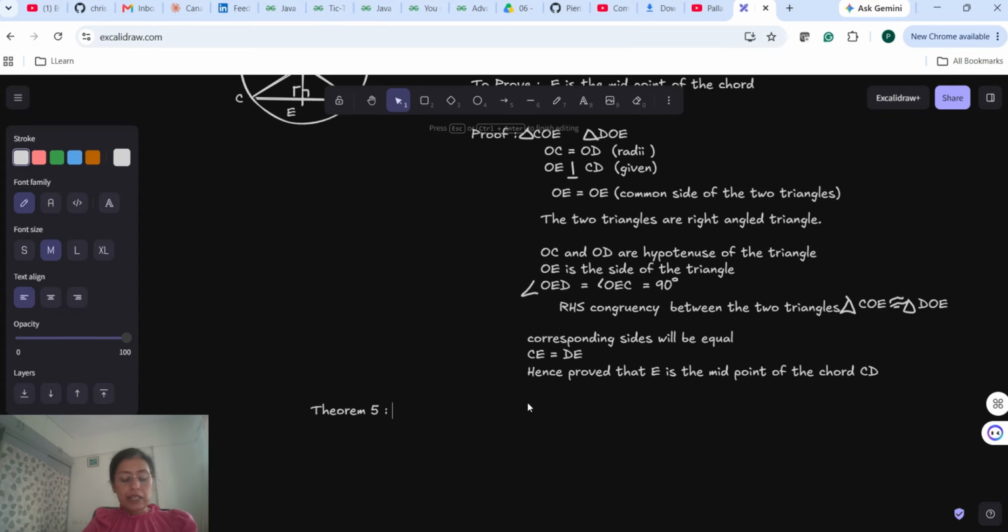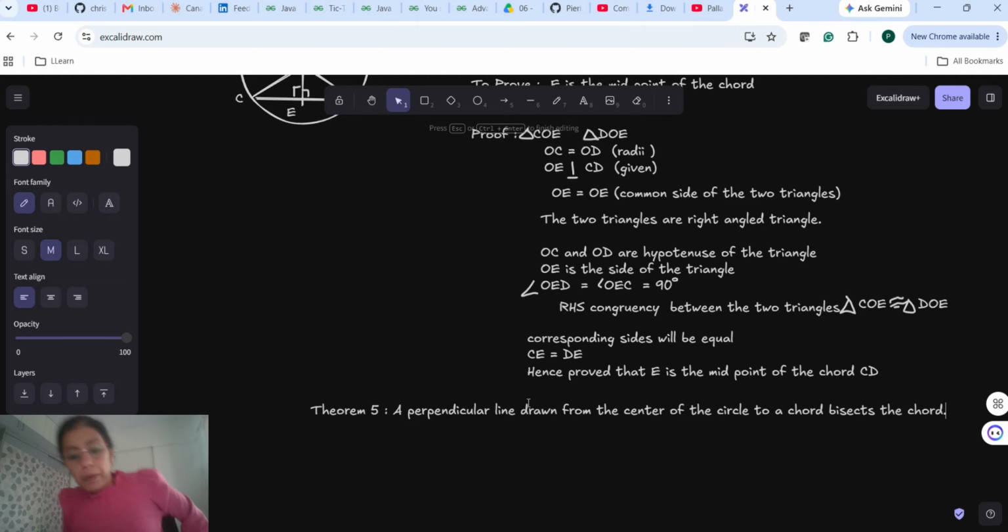Theorem 5 will state that a perpendicular line drawn from the center of the circle to a chord bisects the chord, right? Perpendicular line drawn from the center of the circle to a chord bisects the chord. That will make theorem 5.